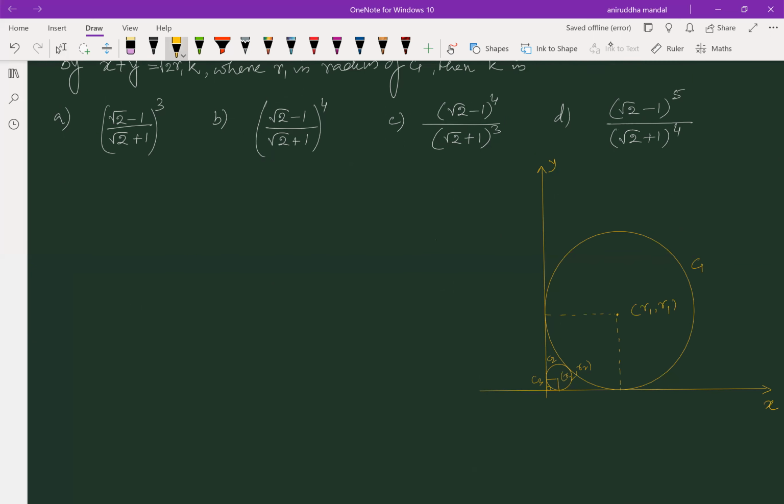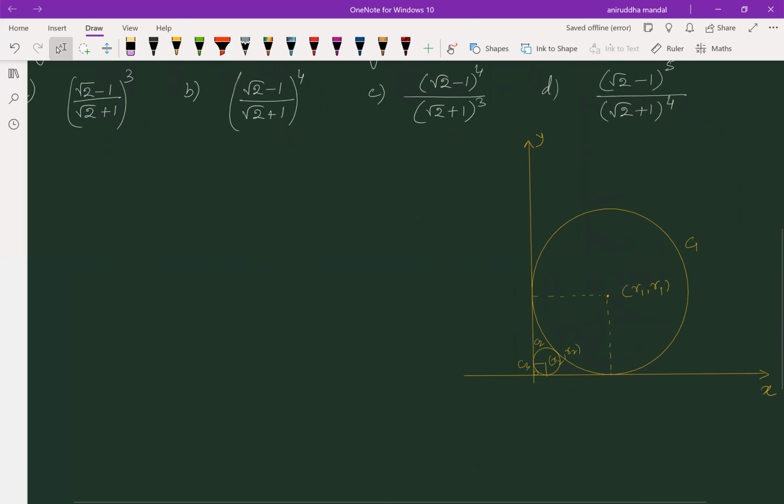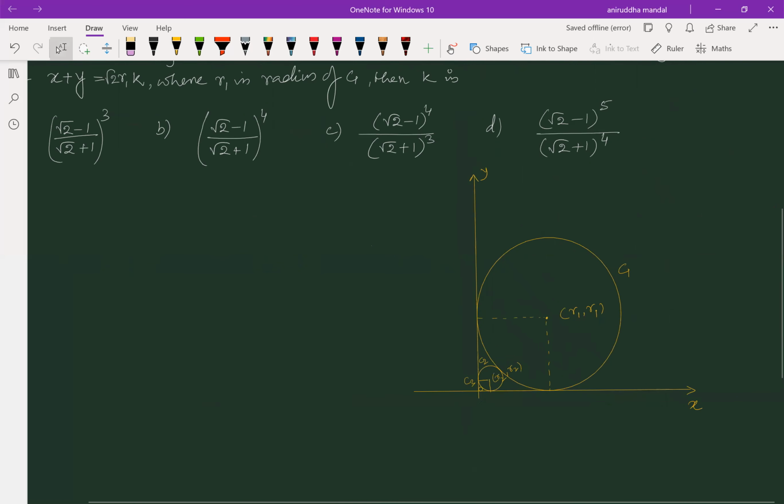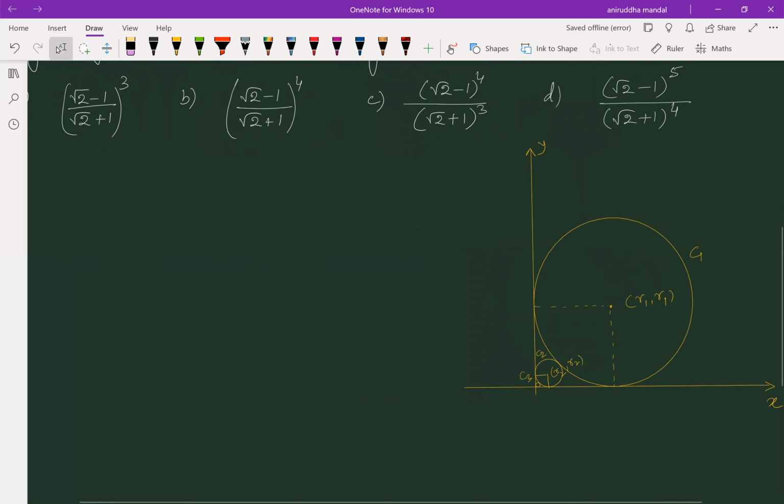Similarly, the second circle C2 touches both the axes as well as the circle C1, and similarly the circle C3 touches the axes and C2, and so on.